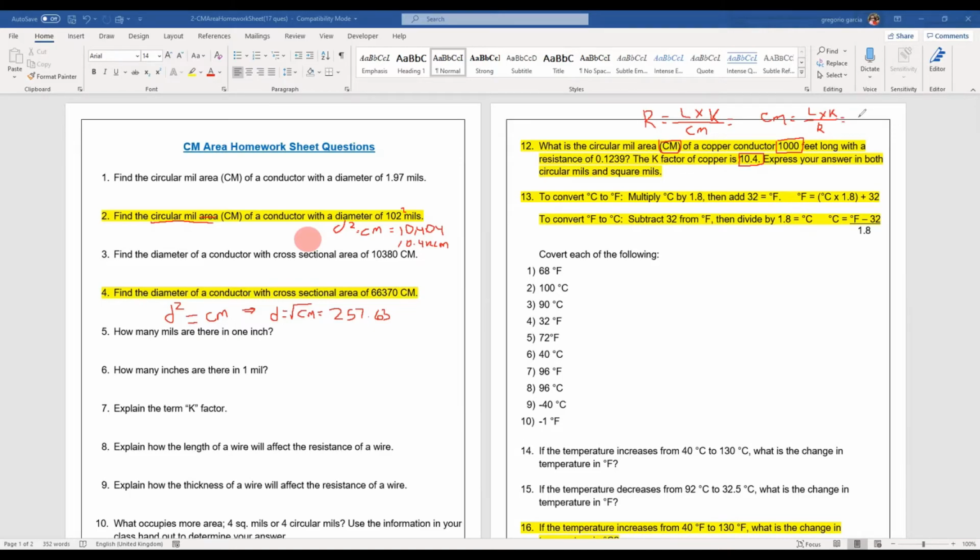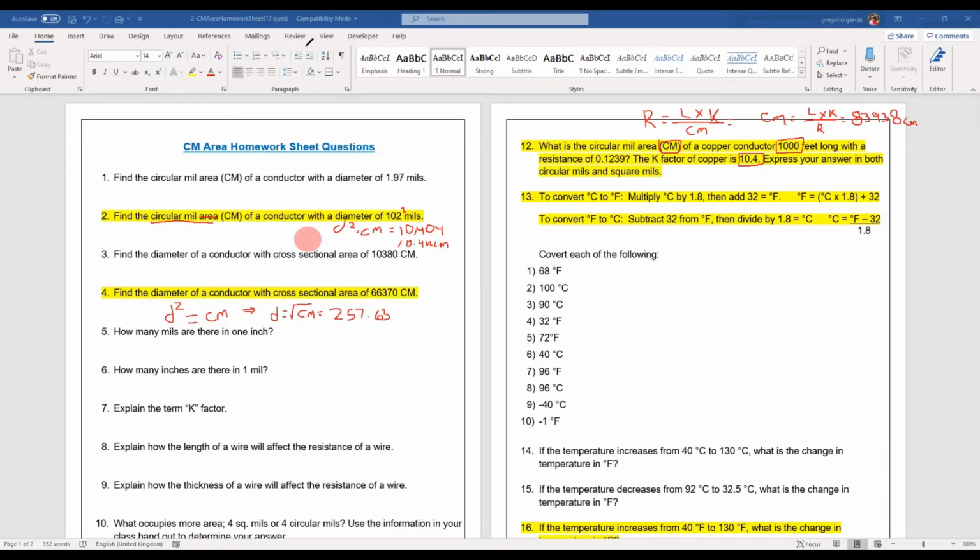Once I input my numbers, and please do it at home as well, my number here is 83,938. And that's going to be the amount of circular mils that I have.